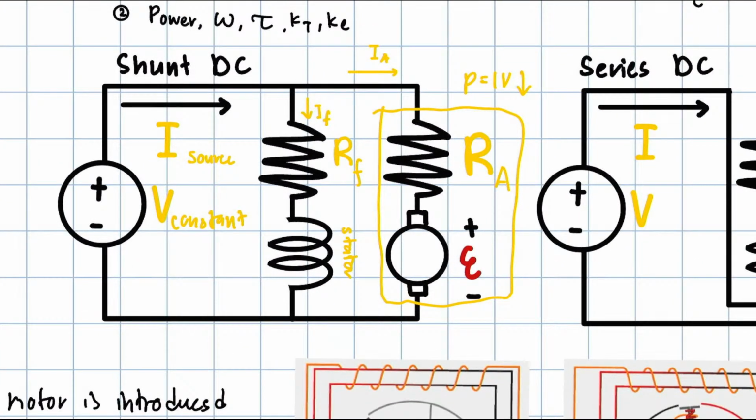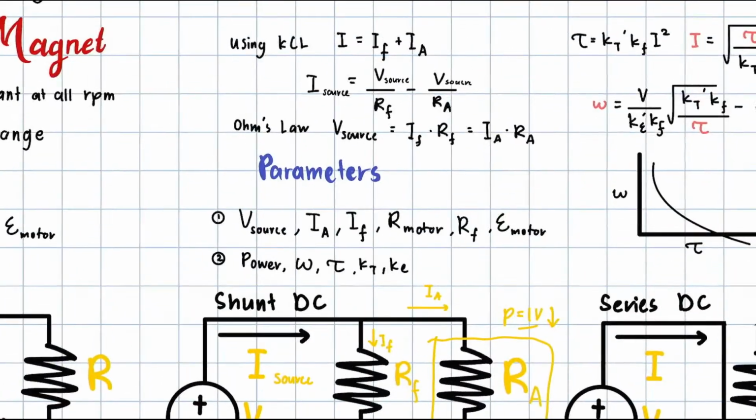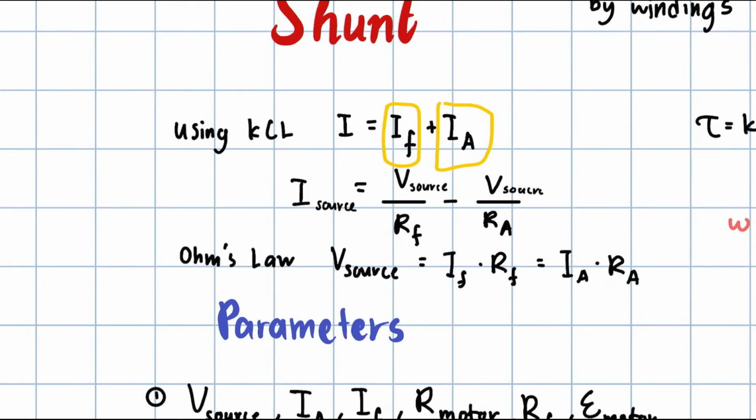The losses, what are they? The I here has decreased, like I said. Okay, there are two I's. There are IA and IF. When the IA as in the armature, and the IA here decreases, the IF increases.